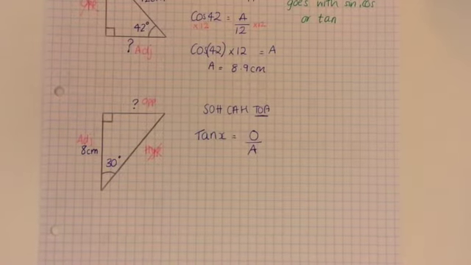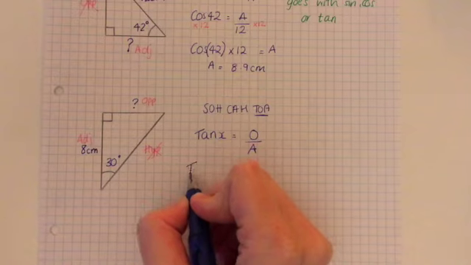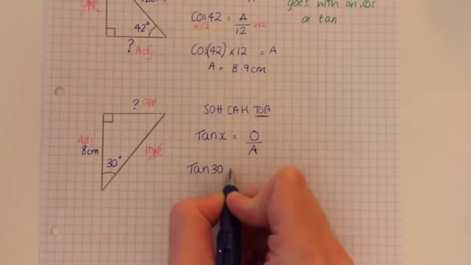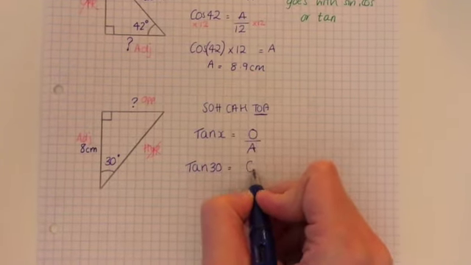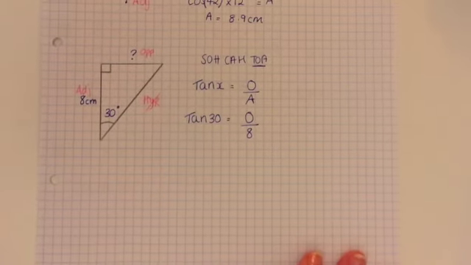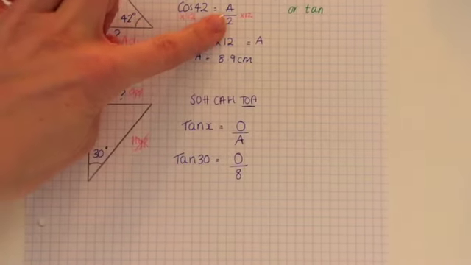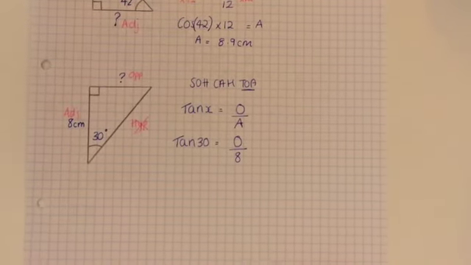So let's plug in what I know. Remember, x is the angle. So tan 30 equals O, which is what we're working out, over A, which is 8. What I did on the last one, I multiplied each side by 12 to get rid of the 12 underneath so that the A was on its own.